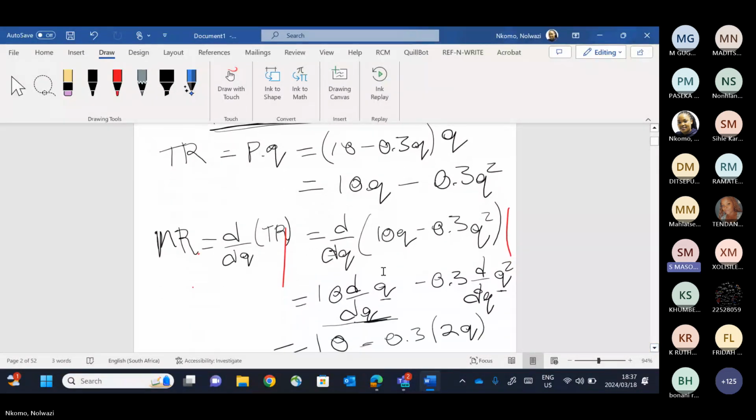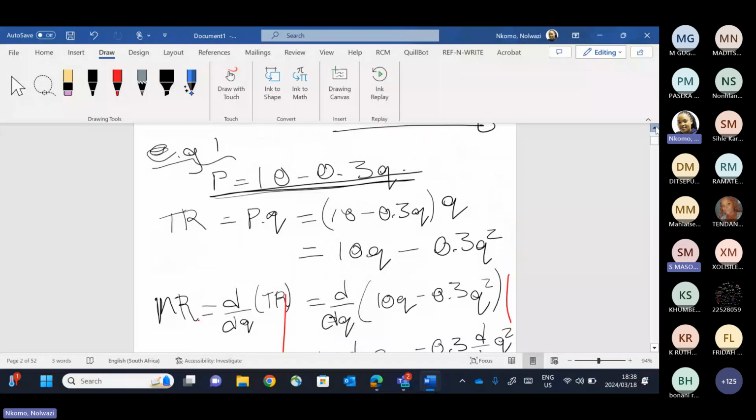I got the function, how you got it, but what I don't understand is the middle part. Do you just cancel dQ over dQ and then you're left with 10? And then you just say minus 0.3 times the demand function, and that Q squared, you just say 2Q? Do you just cancel out like that, or is there a specific calculation?